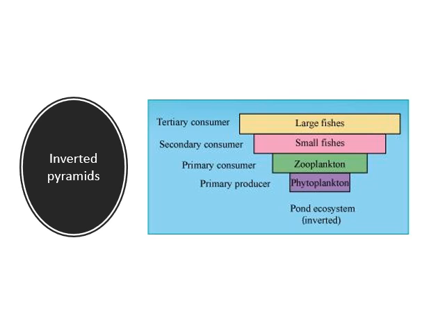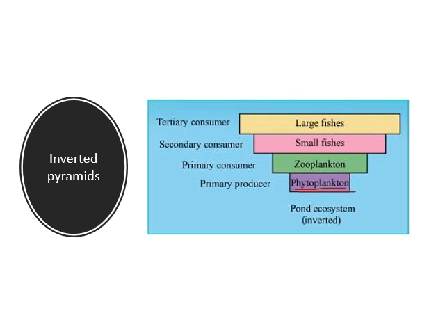This is an example of a pond ecosystem, and this is a pyramid of biomass. So what do we see here? These are phytoplanktons. The biomass of phytoplanktons is much less than the biomass of all other organisms, because phytoplanktons are microscopic organisms. So their biomass is the least.